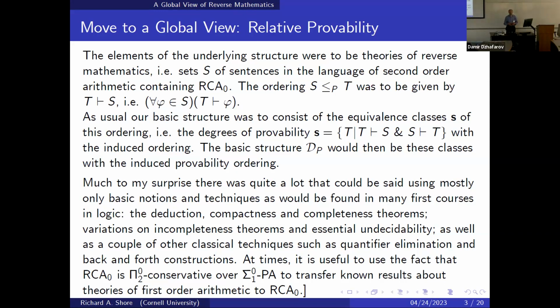So that means that if you're worried about what's provable in RCA naught, and it's a simple theorem like the Gödel incompleteness examples, then it works the same way for RCA naught that it does for sigma 01 PA, which is a weakening of Peano arithmetic in which Gödel worked, but which is now what all the proof theory books use. So you don't have to work out all the 50 pages of details. You can just cite this theorem.